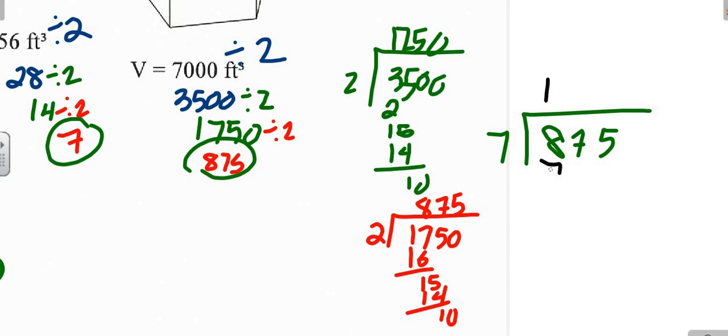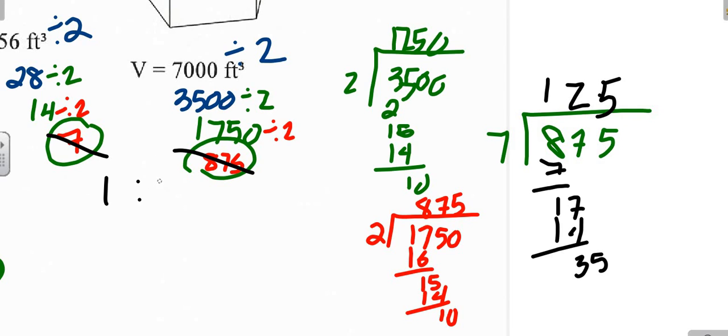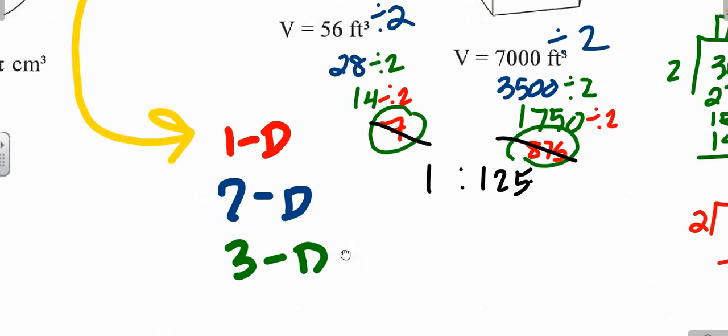And that's a 1. That's a 2. And that's a 5. So we got it done. There it is. 125. Got it.